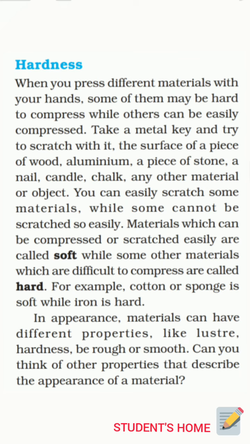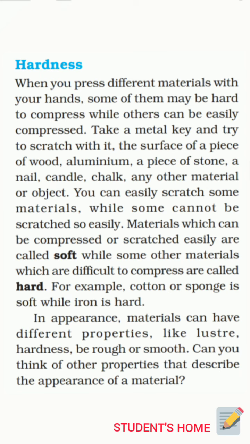As you can see in the slide, when you press different materials with your hands, some of them may be hard to compress while others can be easily compressed. Take a metal key and try to scratch the surface of a piece of wood, aluminum, a piece of stone, a nail, candle, chalk, or any other material or object.